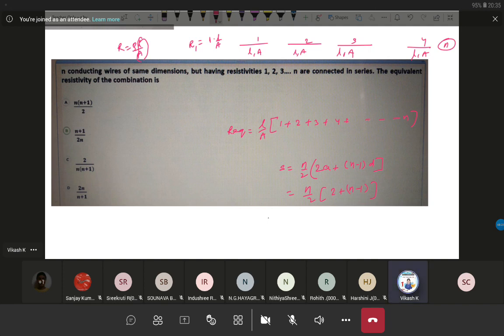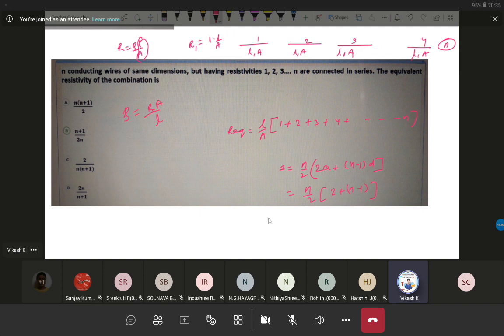So this will give nothing but R equivalent. But in this question, are they asking about R equivalent, or the resistivity equivalent? Resistivity equivalent, right? So resistivity equivalent equal to what can I write, beta? R equivalent into something, because you know this formula, right?